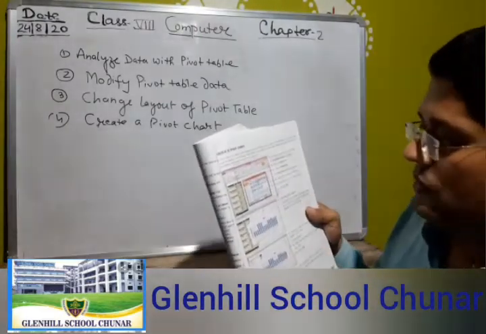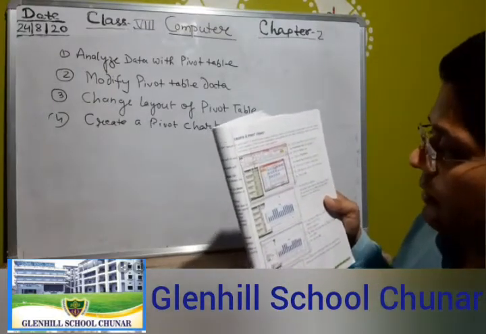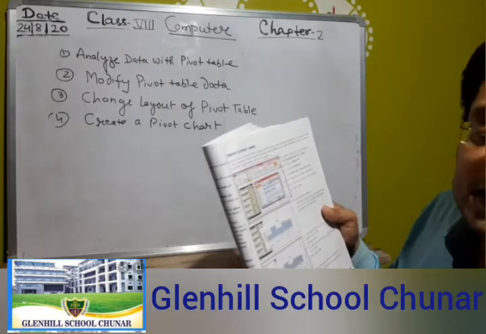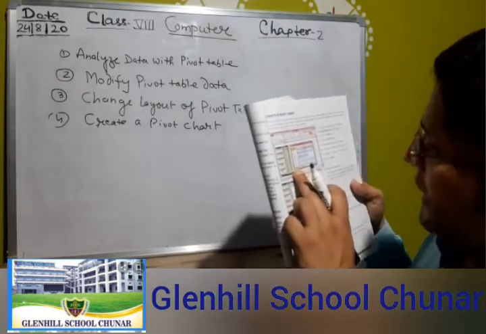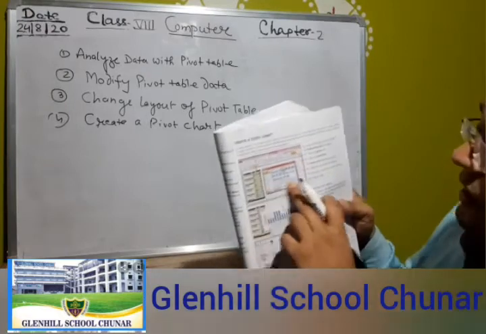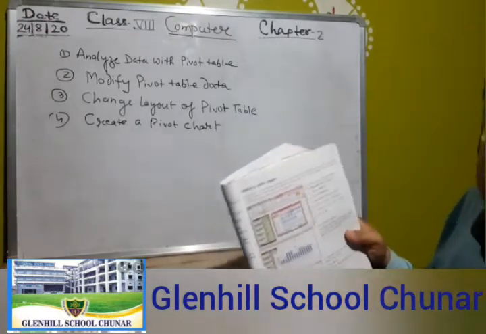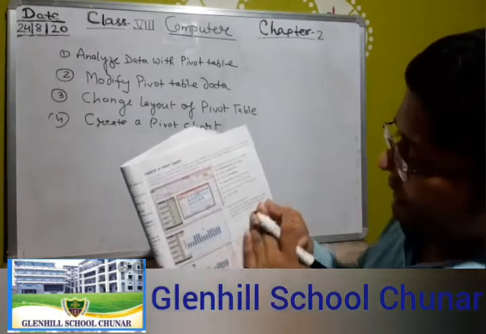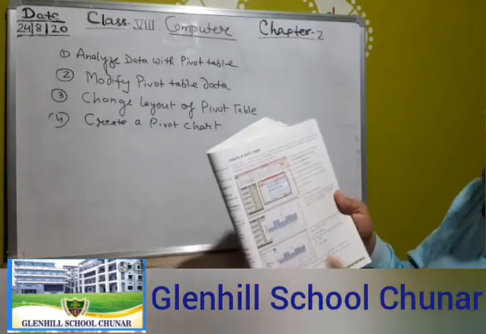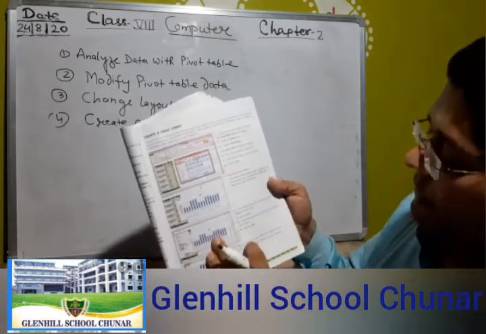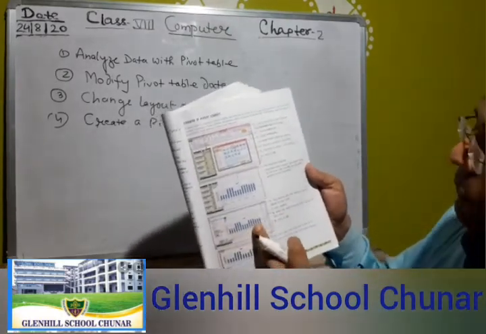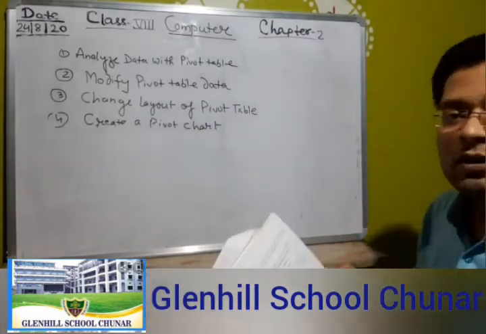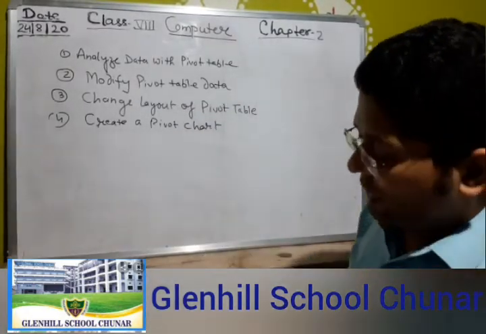Here are column chart, line chart, pie chart, bar chart, area chart, stock chart, surface chart, bubble chart, radar chart. There are many options for creating a pivot chart. Just click OK, then click here to filter the fields you want to appear in your chart and click the OK button.